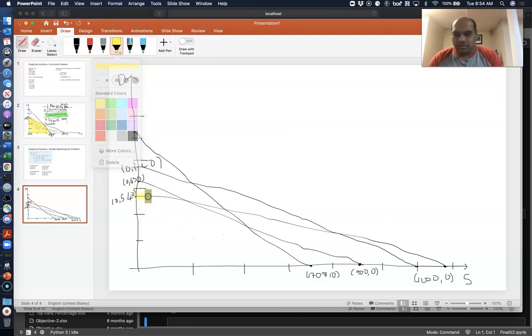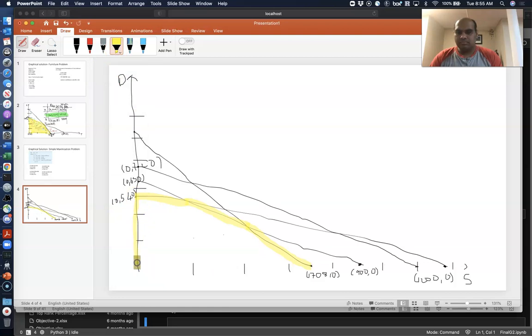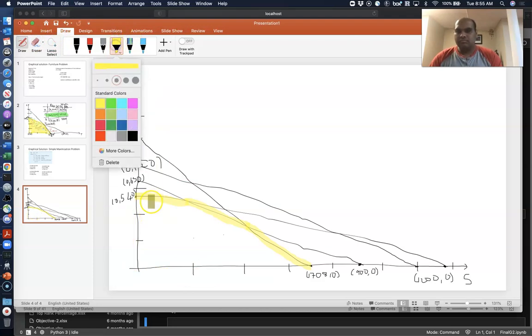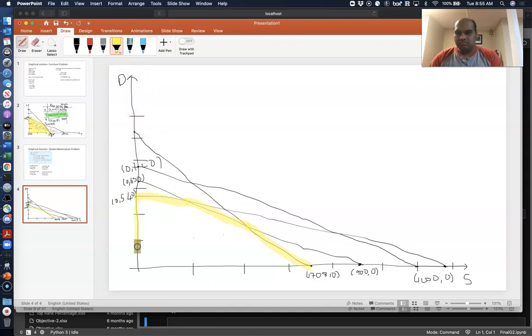So color here, right here, and then right here. So this here is my feasible region. These are the points that satisfy all my constraints.